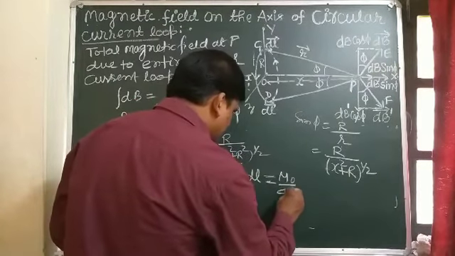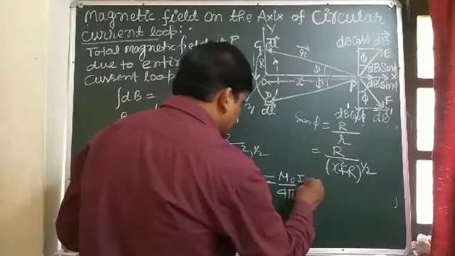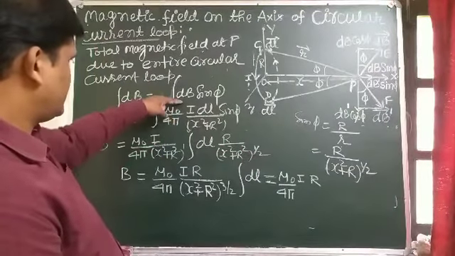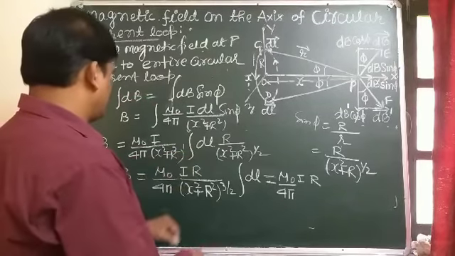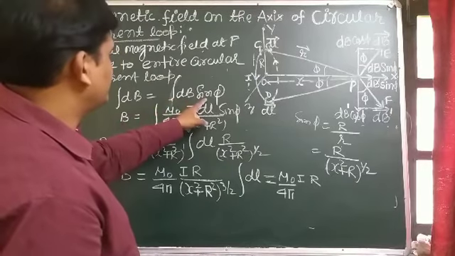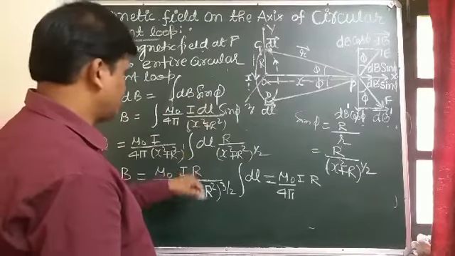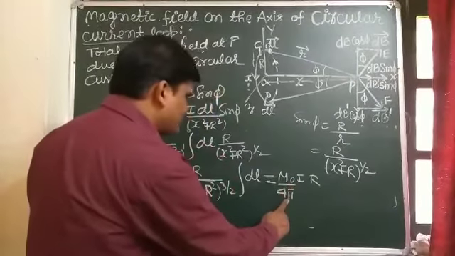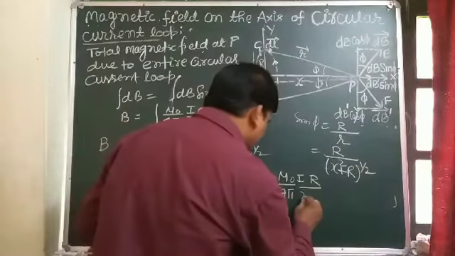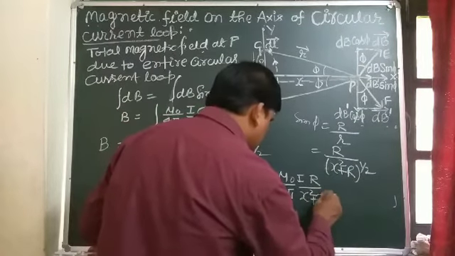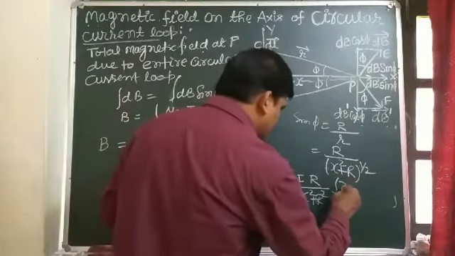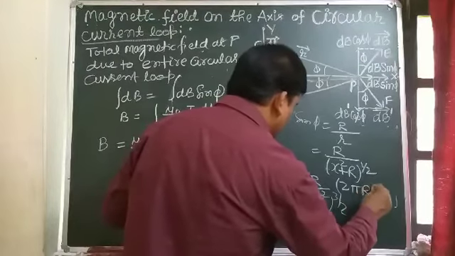So it comes out to be mu naught by 4 pi I r by x square plus r square to the power 3 by 2 and dl, and in place of dl, that is 2 pi r.